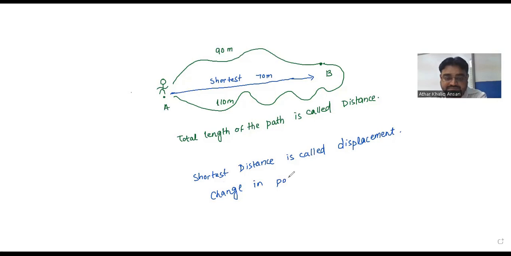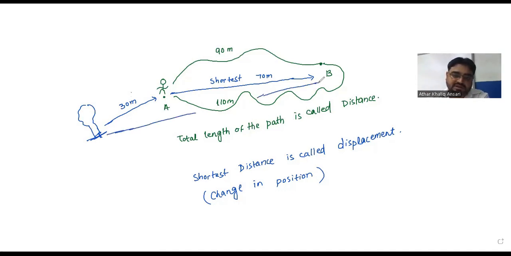If you are taking your measurement with some reference point, let's say this tree is the reference point, and the position of A from this reference point is 30 meters, and the position of B from this reference point is, let's say, 100 meters.